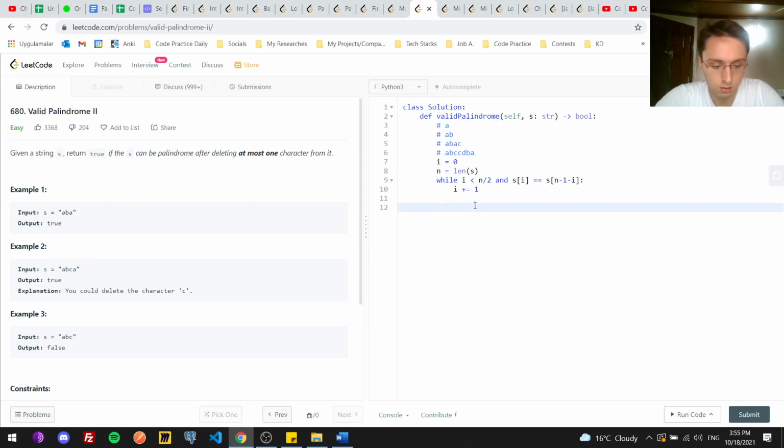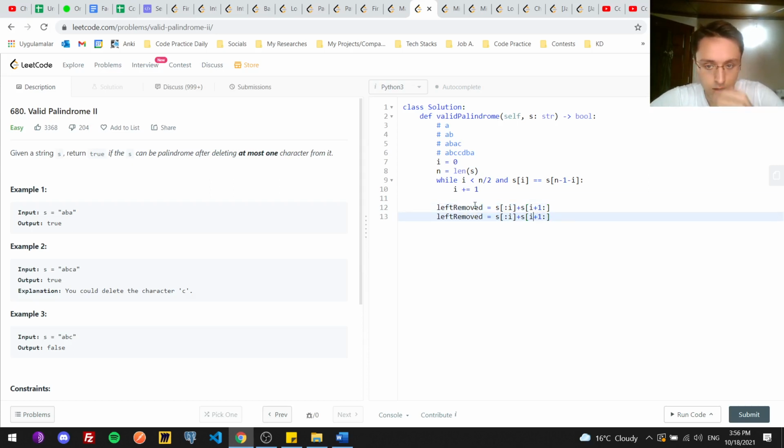And then here, there are two possibilities. I will return: it can be s until i, and we don't include i, so we have left removed equal to that plus s from i plus 1, and the rest of it.